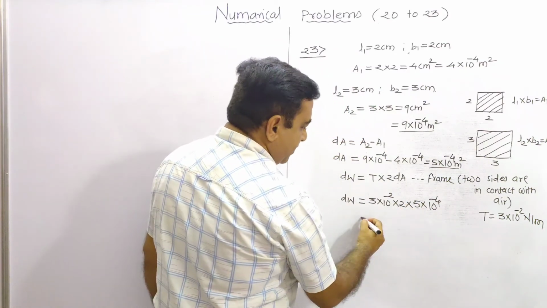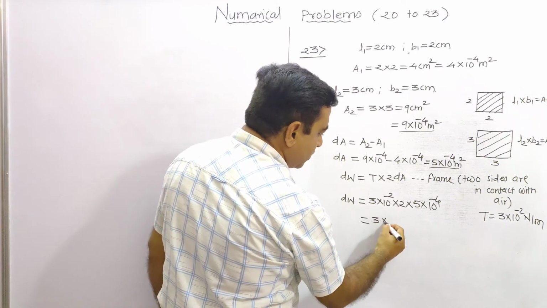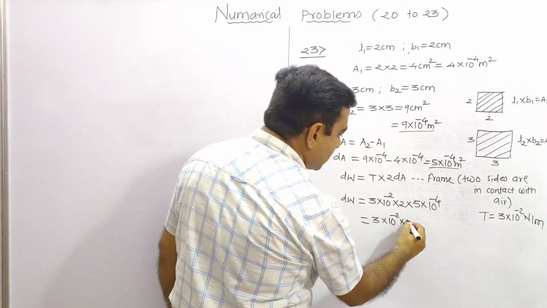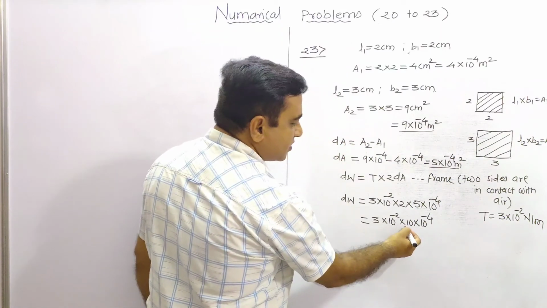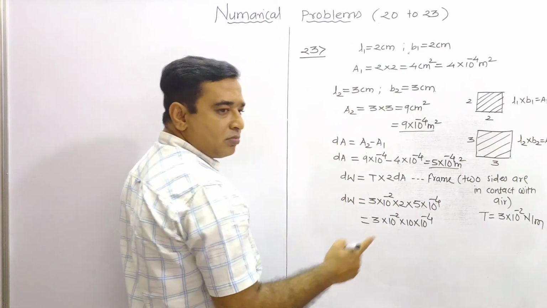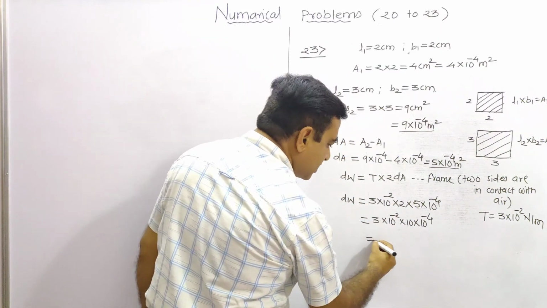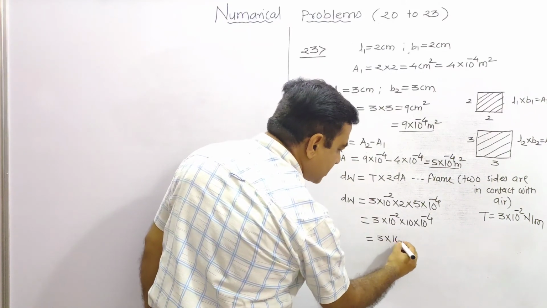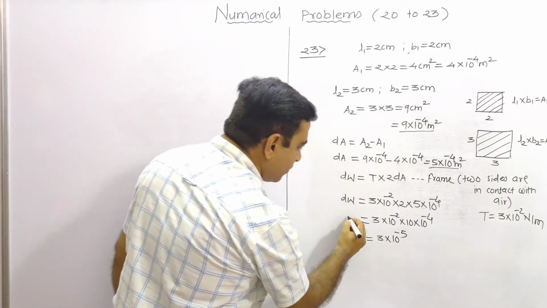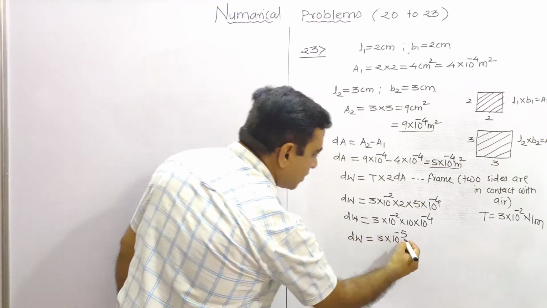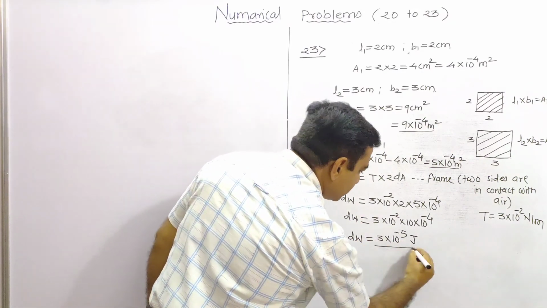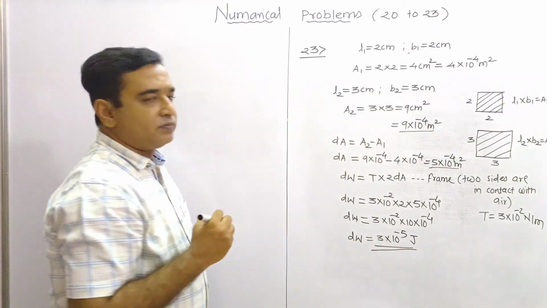Here 5 into 2 is 10, 3 into 10 raised to power minus 2 into 10 into 10 raised to power minus 4, minus 6 plus 1, minus 5. 3 into 10 raised to power minus 5. This is your work done in joule. This is your answer. Thank you.